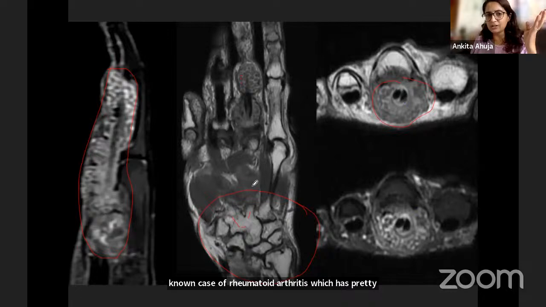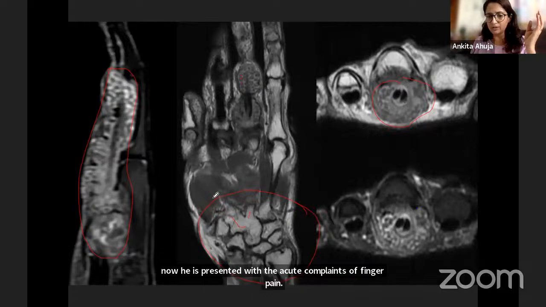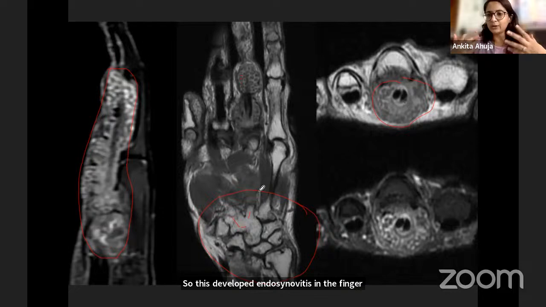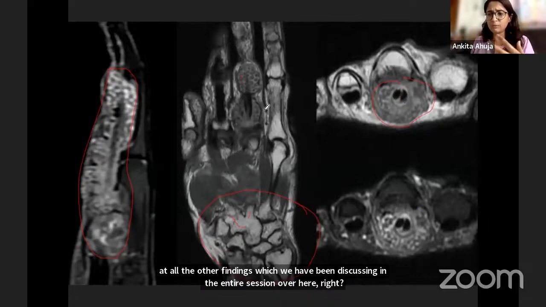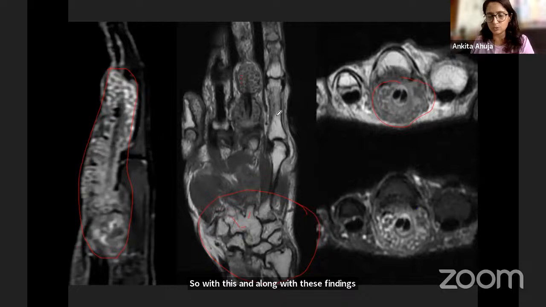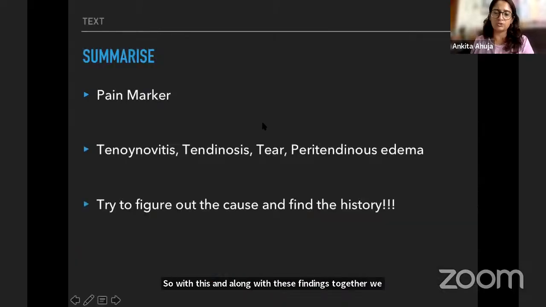And now he presented with acute complaints of finger pain, so he developed tenosynovitis in the finger. But the important message here is to always try to look at all the other findings which we have been discussing in the entire session, right? So along with these findings, together we were pretty confident that this is most likely an inflammatory etiology.